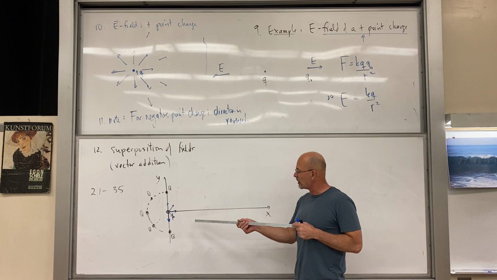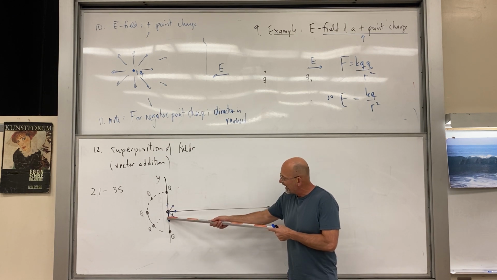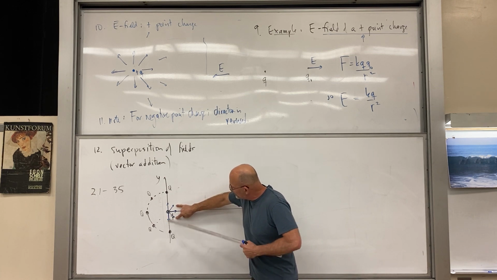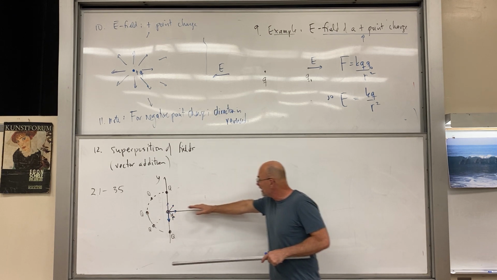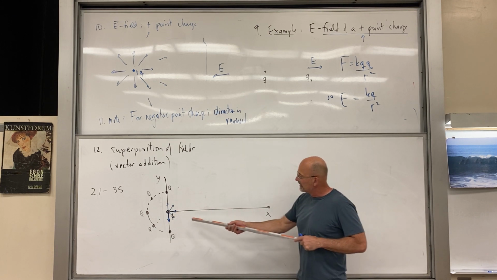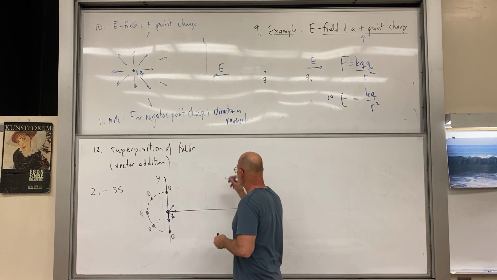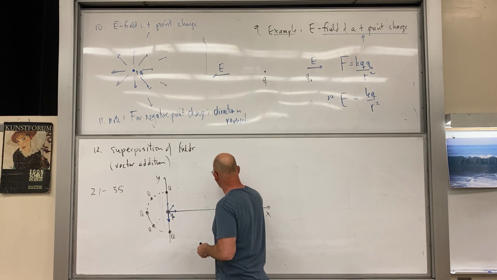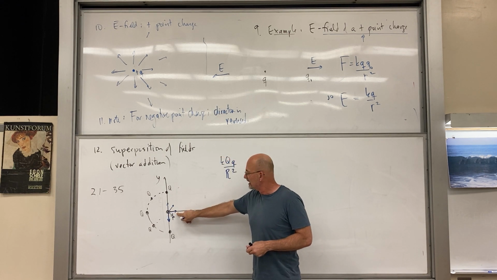So what is the net force? First of all, the net force, in terms of its direction, we can see these two cancel. The y components of these two diagonal ones also cancel, so there's going to be a net force in the x direction. It's going to be this one here, so you're going to have k q over capital R squared is going to be this contribution here.